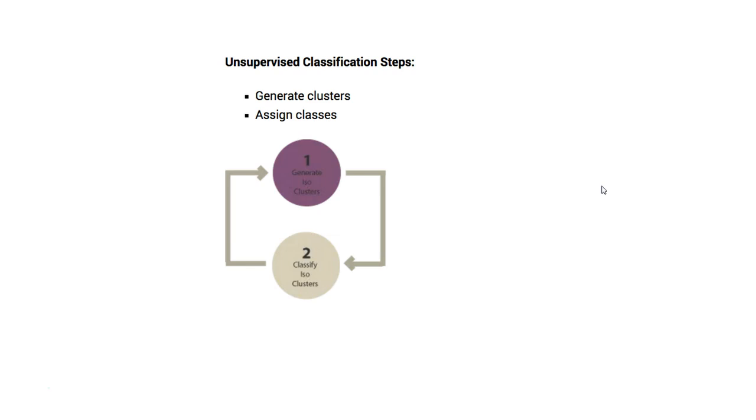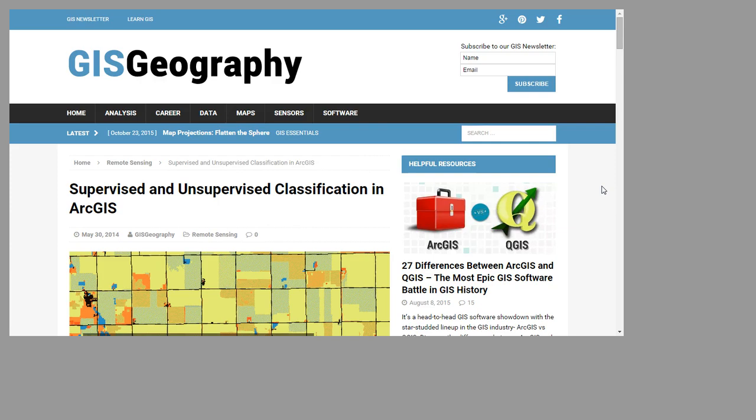For water, it's going to do another class. That's letting the computer do its own thing in an unsupervised session. You don't have as much control over that, but what's nice about it is that it's relatively quick and easy to do. Whereas when you're doing it yourself, supervised, you have to really think about the imagery and what you're trying to classify.